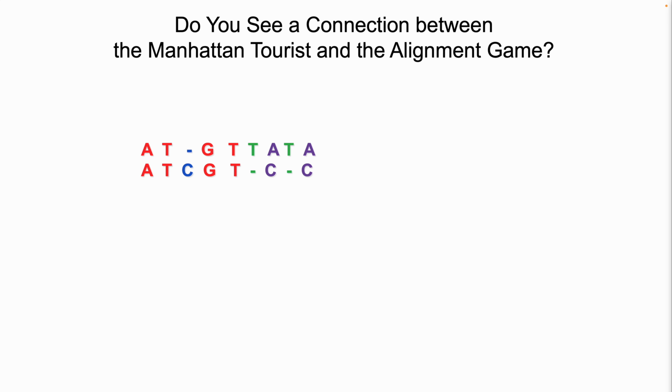So what's the connection between Manhattan Tourist and the alignment game, right? I've already sort of given you a glimpse. I've showed you that it's the same problem, but here instead of giving +1 and 0, I've given an indication of what that looks like moving through the city.